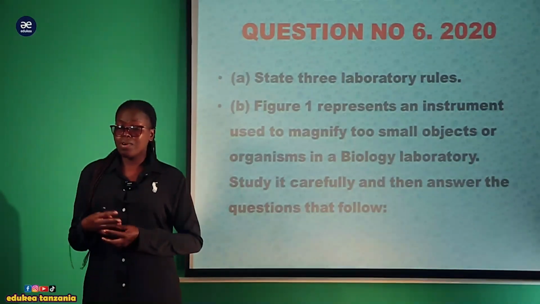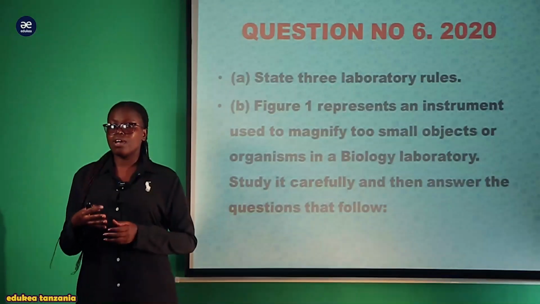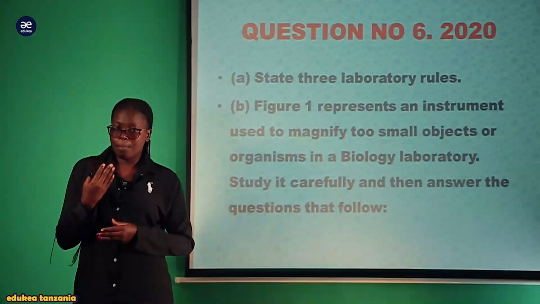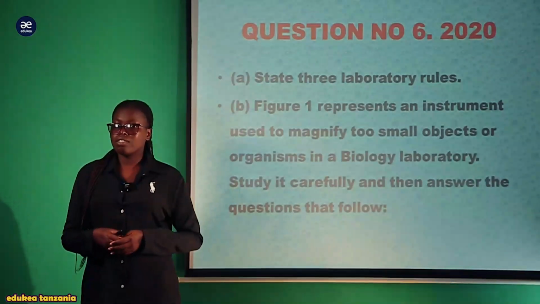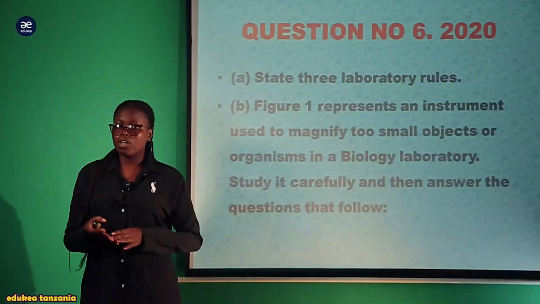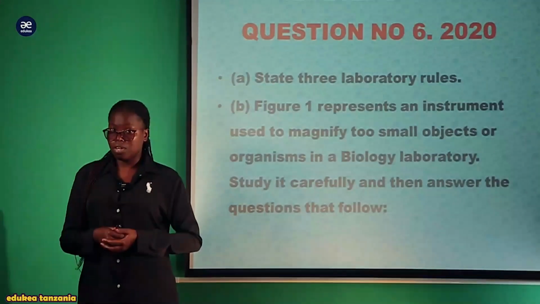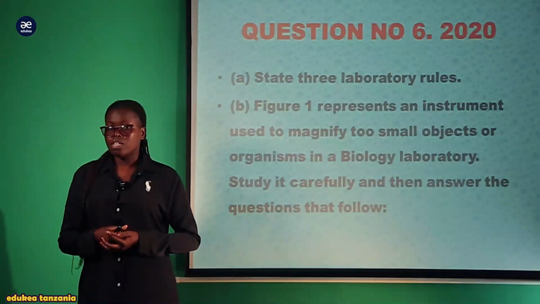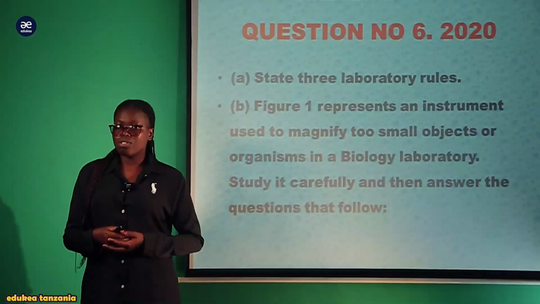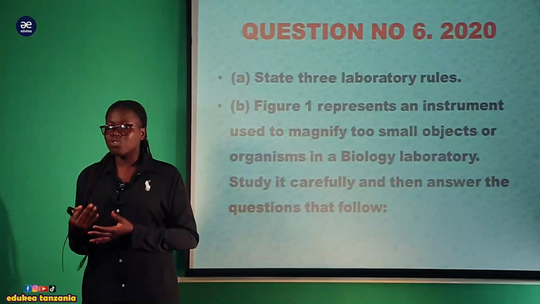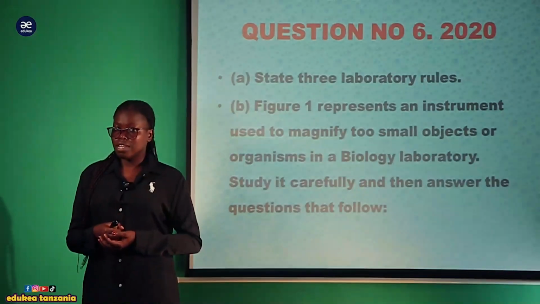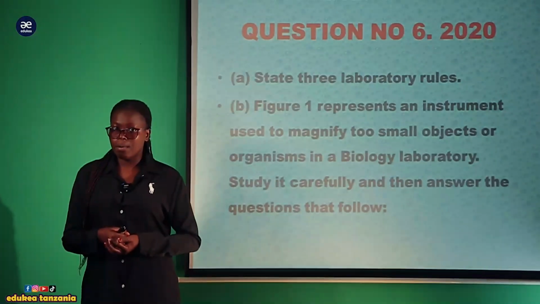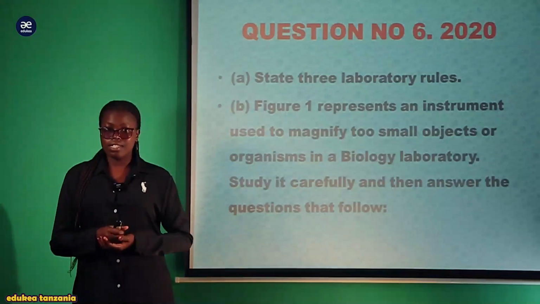Once you are performing these experiments, you are using apparatus, chemicals, as well as the specimens and models which have been allocated within the biological laboratory. So there are rules and regulations which need to be followed so as to ensure safety once you are in the laboratory. So now let us see them.